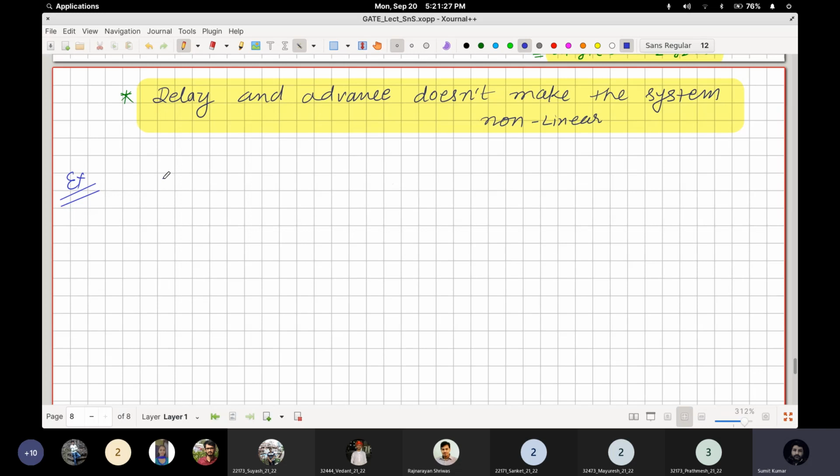Okay. Now the next problem that I am going to take is our output here is given as x of 2t. Okay.